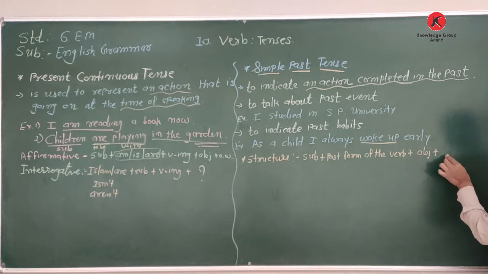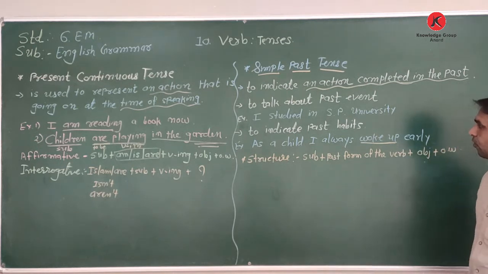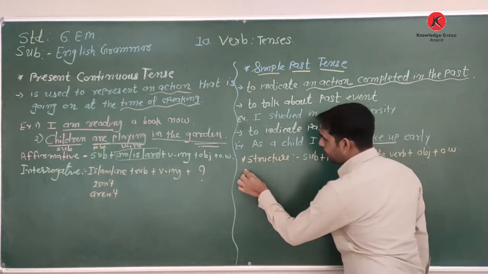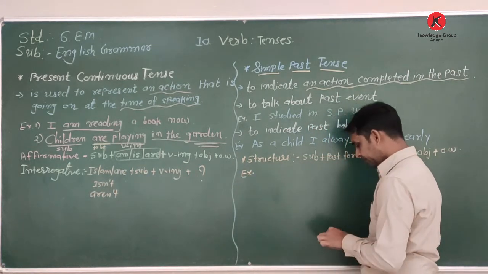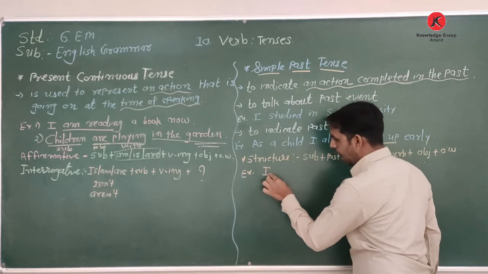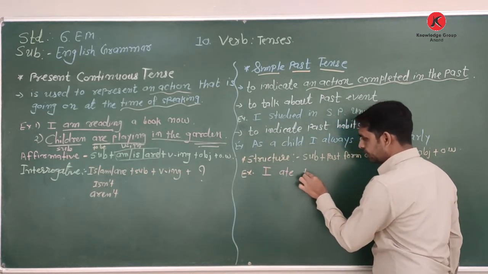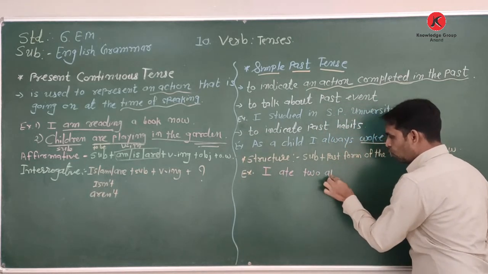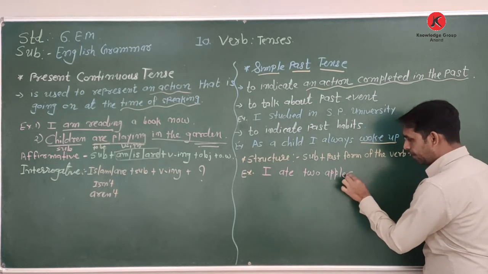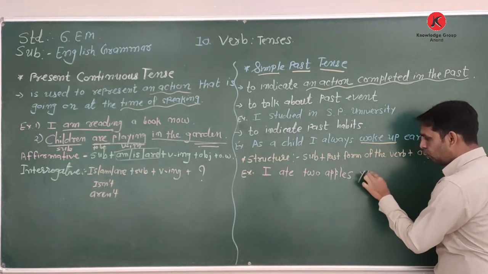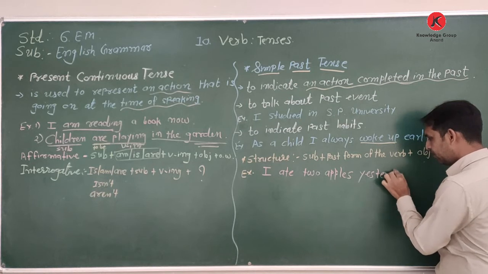Subject, verb and object. Then if you want, the other part is not necessary; subject and verb are necessary. Example here: I ate 2 apples yesterday.